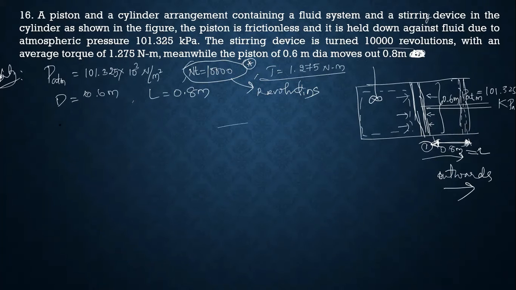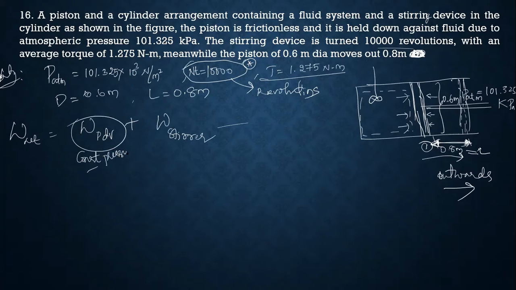There are two things: the net work done, which is calculated by integral PdV plus stirrer work. This integral PdV work you have to identify because the system is moving against atmospheric pressure. Therefore, it is constant pressure. Let us calculate the integral PdV work first.